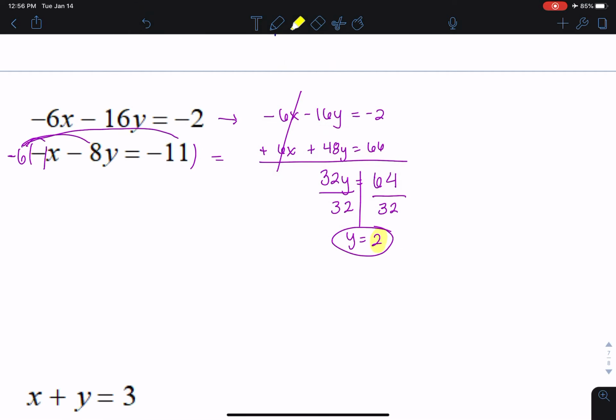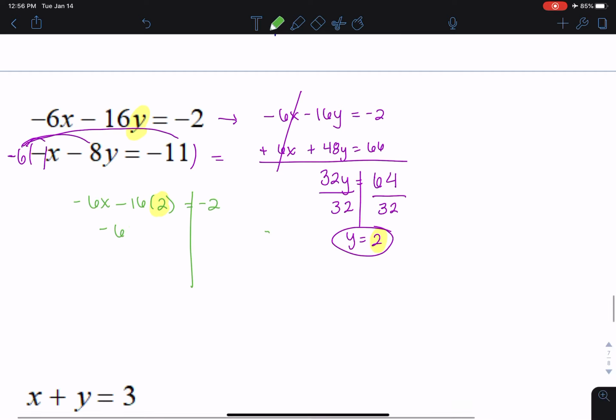Pick either equation. I'm going to go with the top and put that value in place. So I'm going to copy what I have: negative 6x minus 16, instead of y, I'm using 2, equals negative 2. All right, now solve for x.